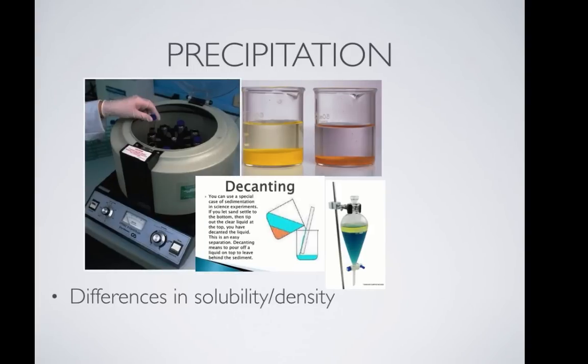Another technique is precipitation, and this depends on differences in solubility and density. On the left-hand side, we have a centrifuge. A centrifuge is a machine that spins very fast.